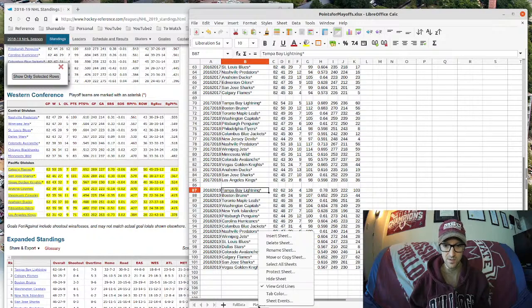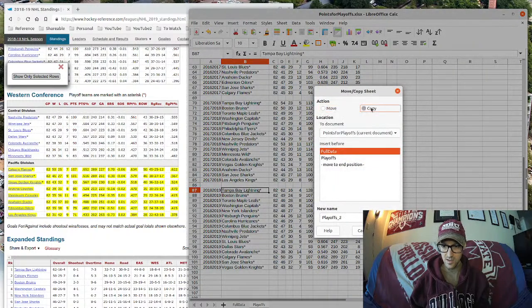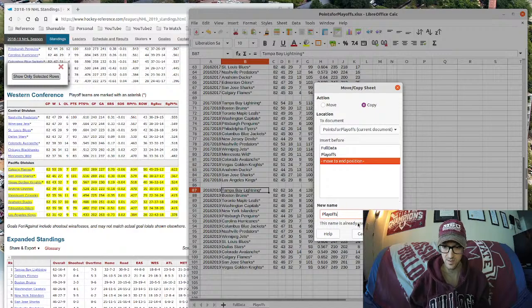Now I can duplicate, copy, move to end. Actually, do it, insert before.